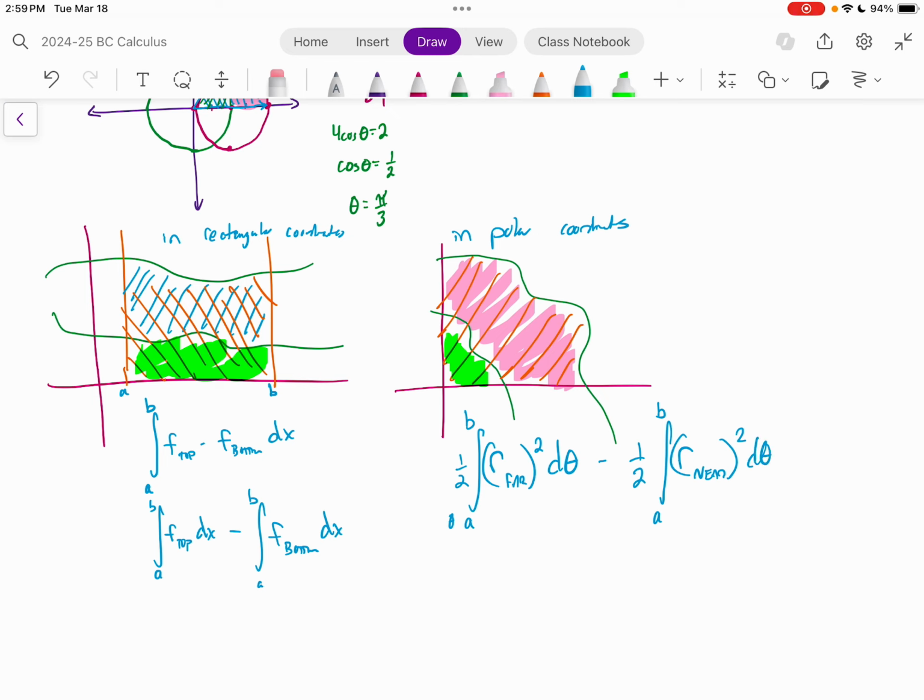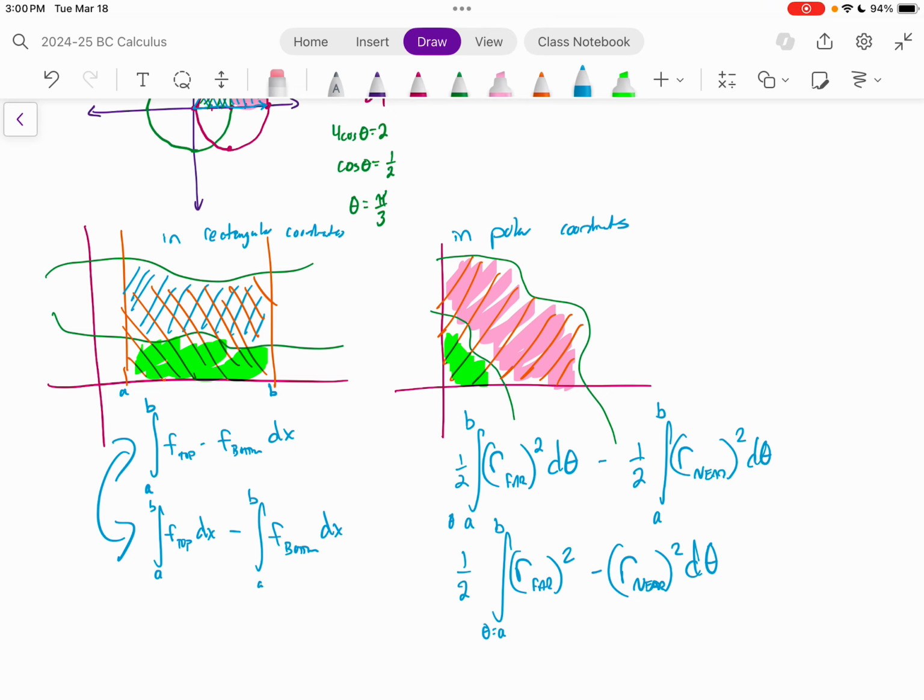Again, I regret this, just pretend these guys were swapped. We could combine them into 1/2 integral from theta equals A to B of r far squared minus r near squared d theta. And notice, just like with our washers when we were revolving things around, this is not r far minus r near, squared. It is r far squared minus r near squared.